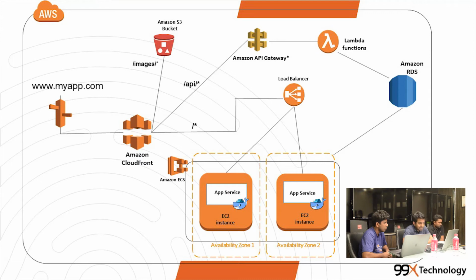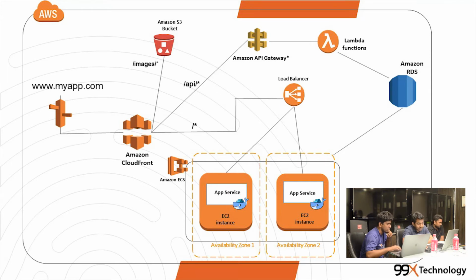Now ECS is also powered by EC2 instances, Ramesh. So basically you have the bottom layer comprised of EC2 instances, and on top of EC2 instances we spin up containers.